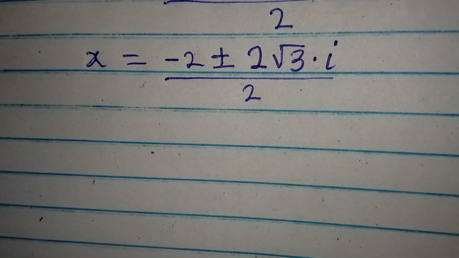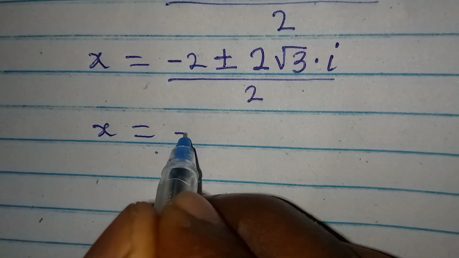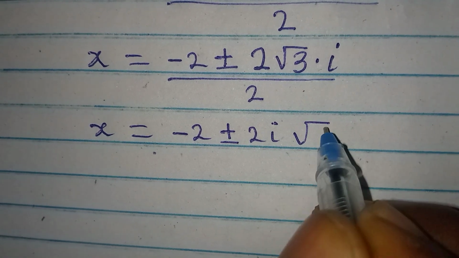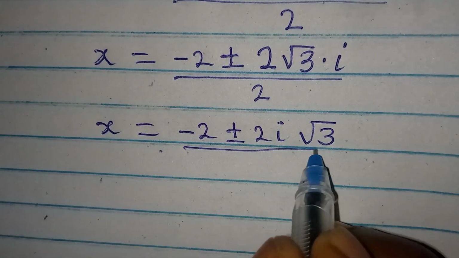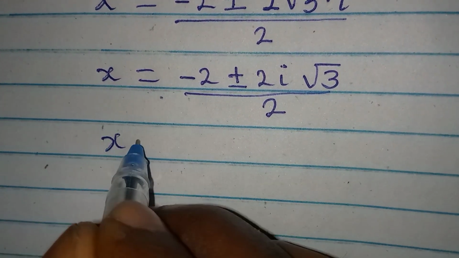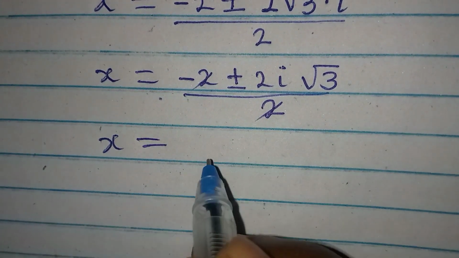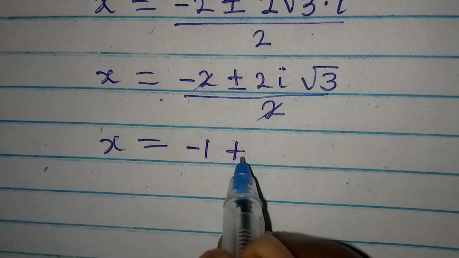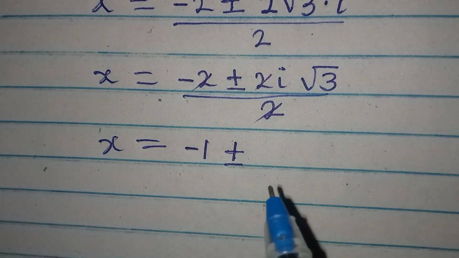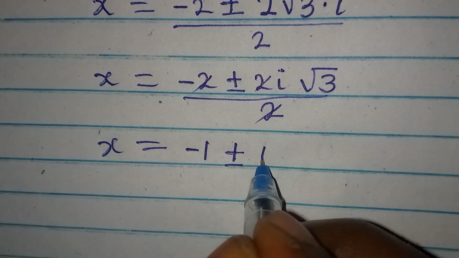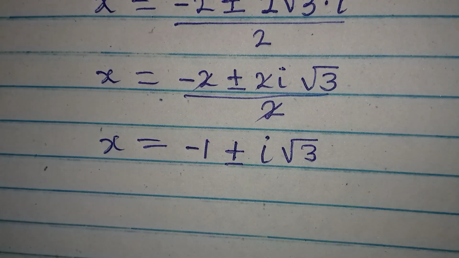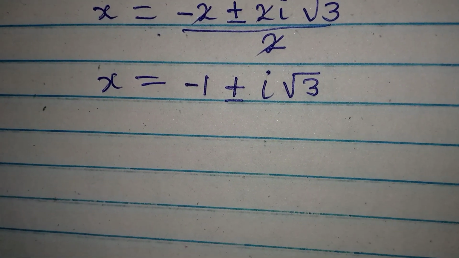I want to arrange this better, so our x will be minus 2 plus or minus 2i root 3, and all of this is over 2. Now 2 can divide the numerators, so that x will be 2 into minus 2 is minus 1, plus or minus 2 into this, we are going to have i, that is as good as 1i, then we have root 3. And then from here we have a 2-in-1 solution.